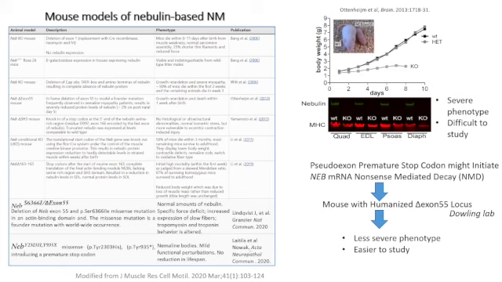And in this case, a missense mutation, as found in patients, was introduced on one allele and a premature stop on the second allele. And these mice represent a mild Nemaline myopathy. They do have Nemaline rod bodies, and they have mild functional perturbation and no reduction in lifespan.